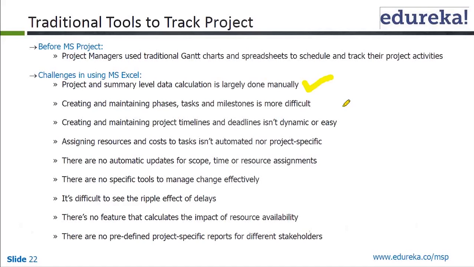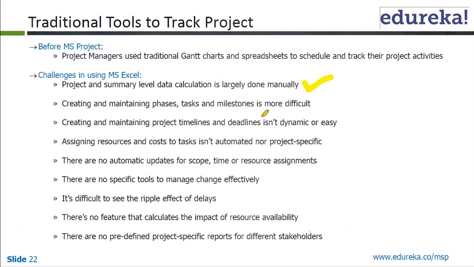Essentially the manual mistake will lead to a bigger mistake in getting at the actual project schedule completion date, the cost for the project, the cost for the module, the time for the module. So everything becomes a little bit error prone.